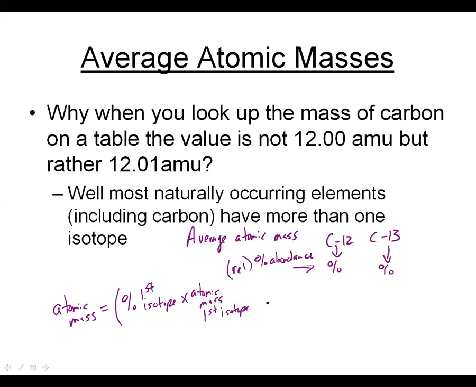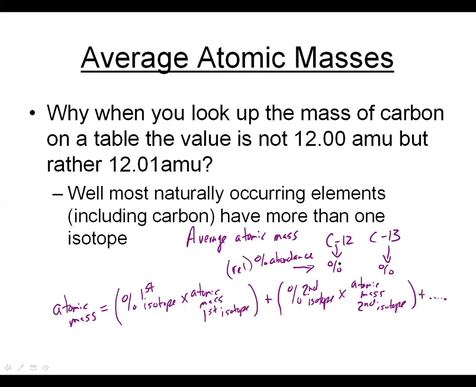And then what you do is you add it to the percentage of the second isotope times the atomic mass of the second isotope. And then essentially, if you have more, 3 isotopes, 4, you just continue that process.